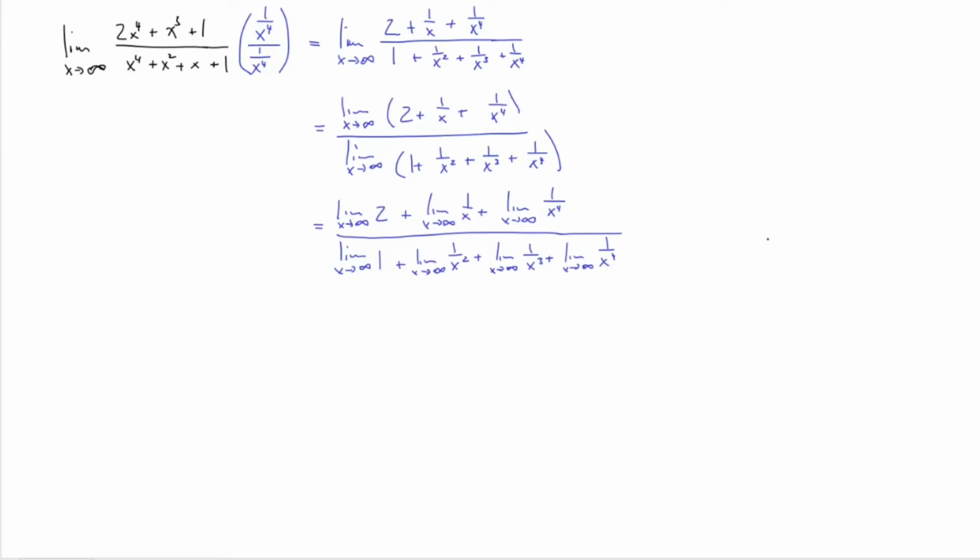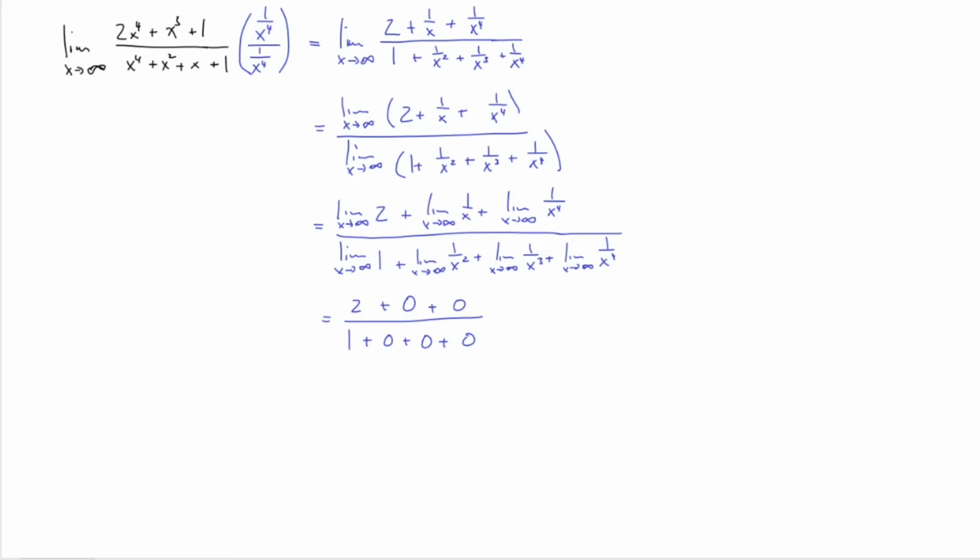And then the limit laws further say that the limit of 2 + 1/x + 1/x^4 is the limit as x approaches infinity of 2, plus the limit as x approaches infinity of 1 over x, etc. In other words, you can break the limit of the sum into the sum of the limits in both the numerator and the denominator. And the beautiful thing here is we know each and every one of these limits. The limit as x approaches infinity of 2 is just 2. The limit as x approaches infinity of 1 over x is 0.